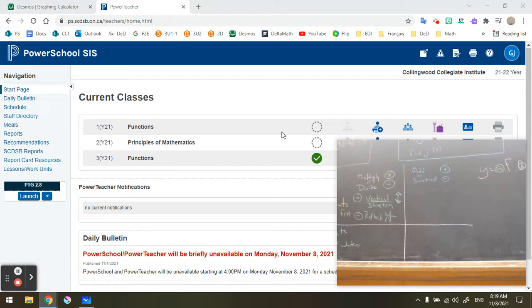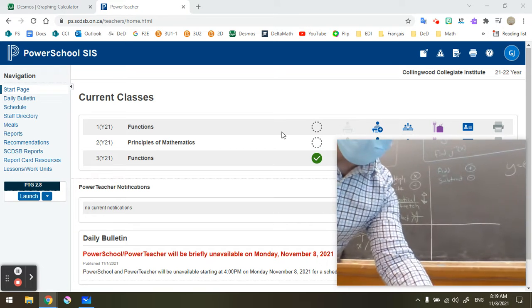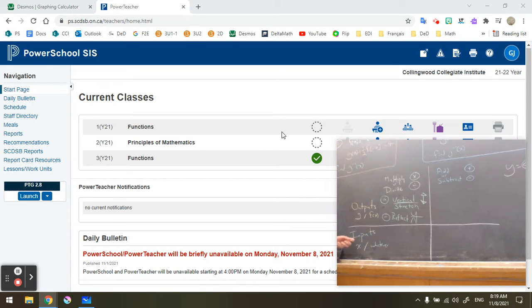If we multiply inputs, on the other hand, multiplying inputs is a little different, where if we take this k number, there we're multiplying the input. And when you multiply an input, something different happens. This is going to give us horizontal instead of stretch.